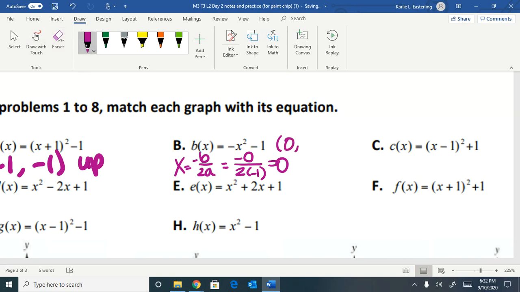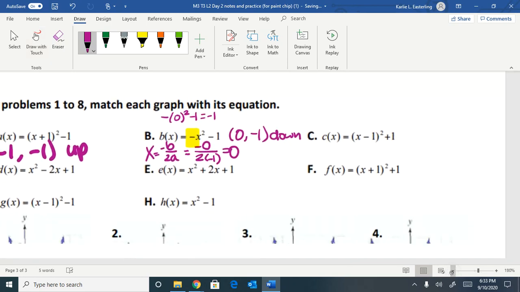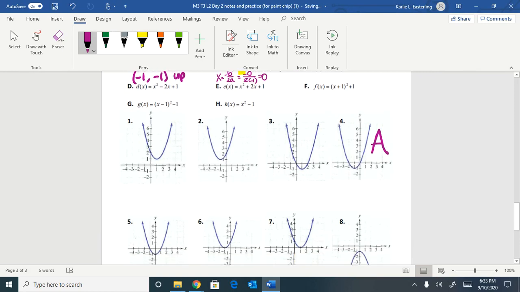And then to get our y, we would have to plug that 0 back in. So we would have -0 squared minus 1, which would end up giving us -1. And our a value here is negative, so our graph is going to open down. So let's zoom out and see if we can find it.